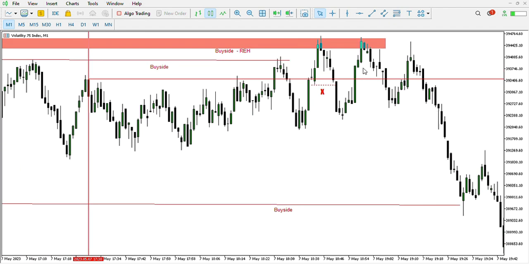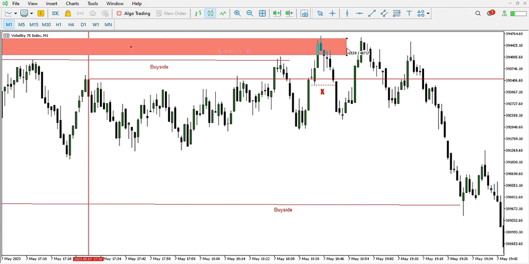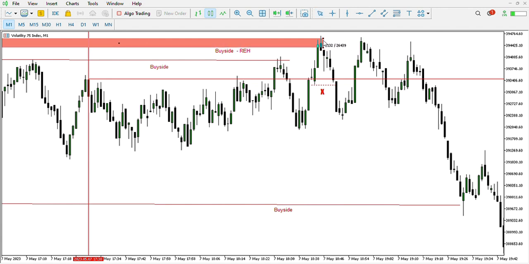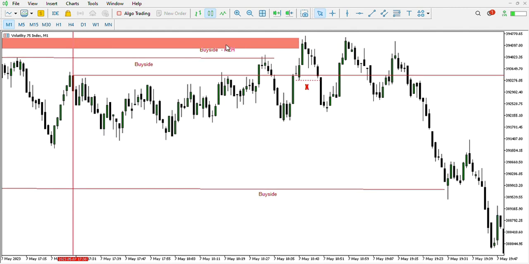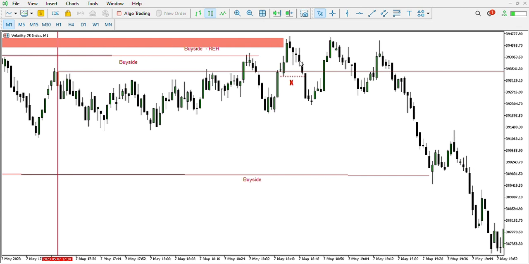So the market came, hit that fair value gap. Just gonna minimize it to that so that I can talk about this. Right, so it dropped aggressively afterwards. Did it give us a fair value gap there?